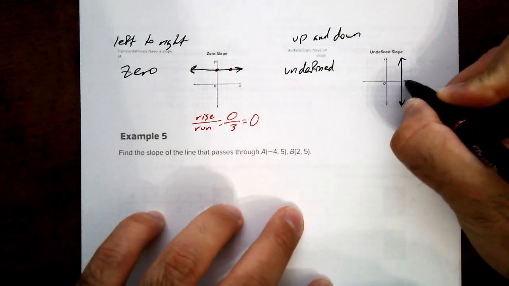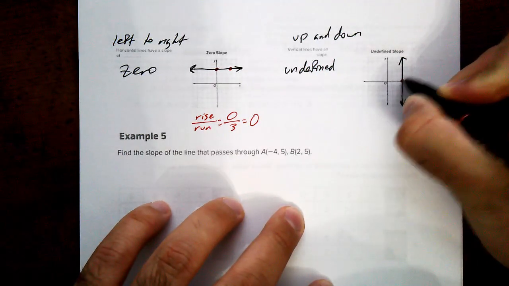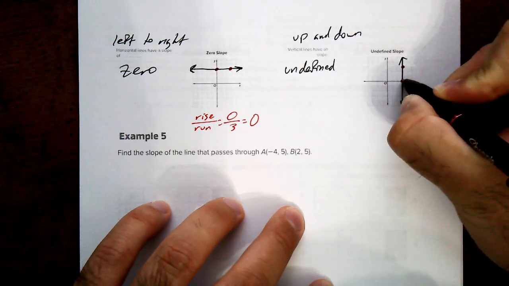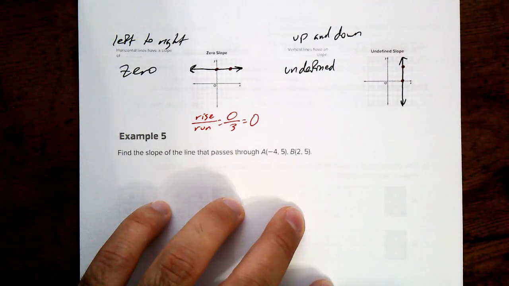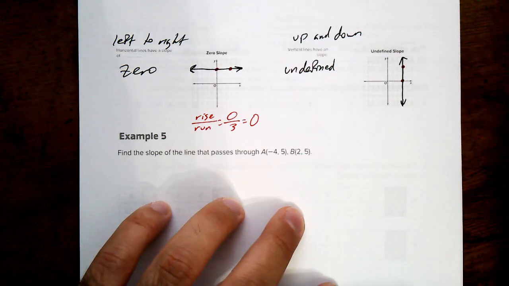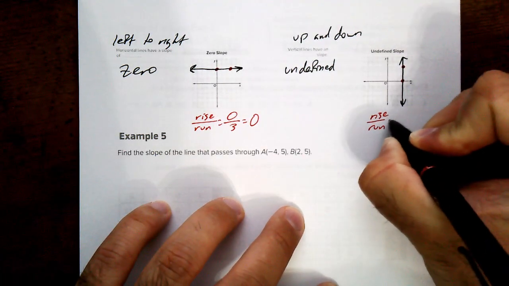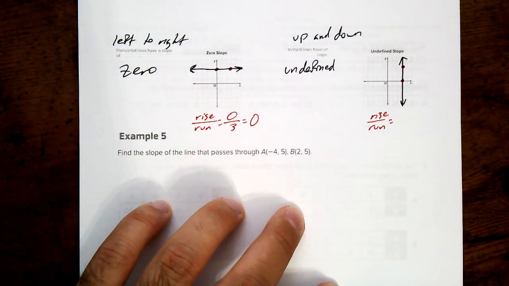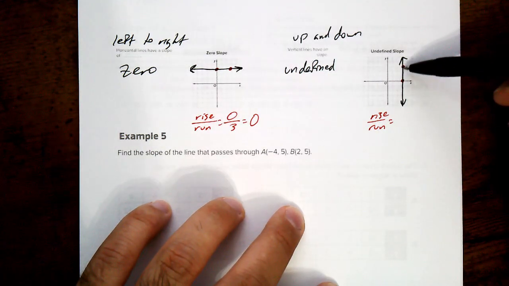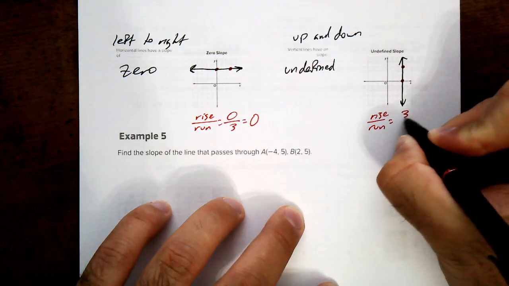How about our undefined over here? What does that mean? Again, I'm going to pick 2 points. Doesn't matter which 2 points you pick along that line. It really doesn't matter. I'm going to do the rise over run again. My rise from point to point is 3.